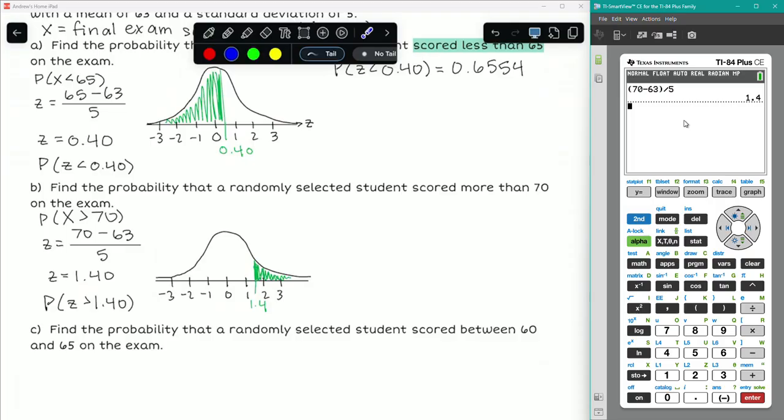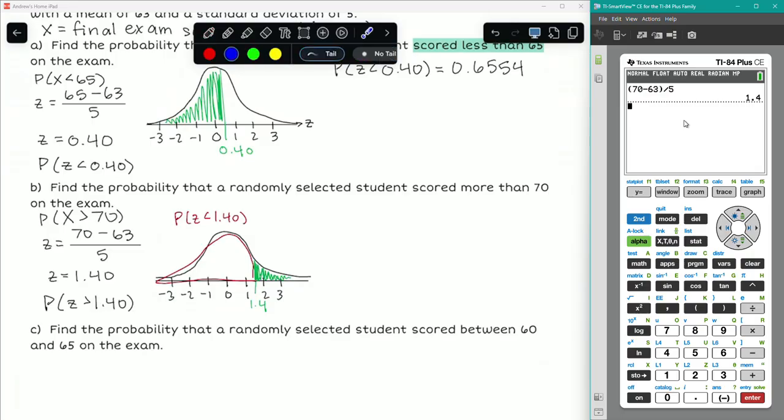And now we run into a problem. Our table only gives us values to the left. I need to rewrite my probability statement in terms of a value to the left. Well, I happen to remember from the last problem that this area here is P(Z less than my boundary).